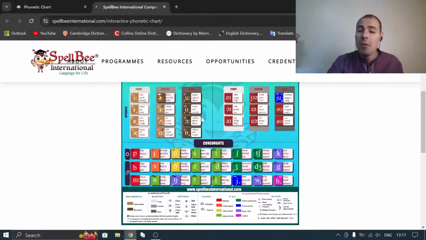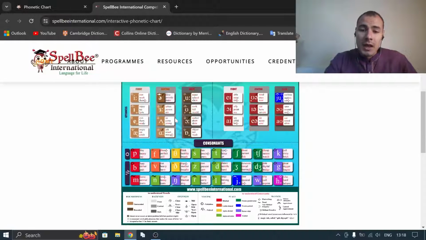Then we have openness, whether the pronunciation of these vowels is in the upper part near the roof of your mouth, or whether you are opening your jaw a lot to pronounce them. For example, the difference between E and A: E is closed and A is near open, okay?